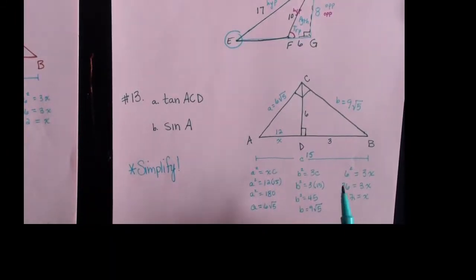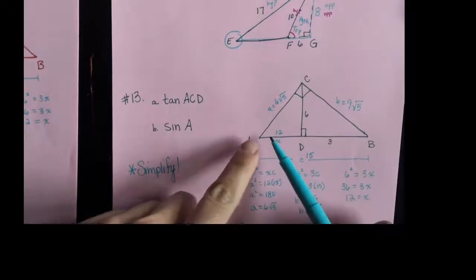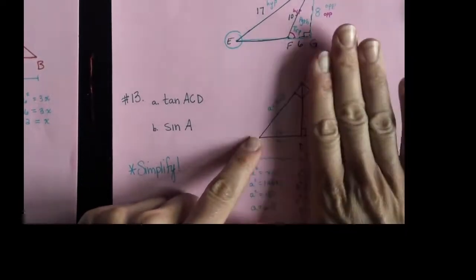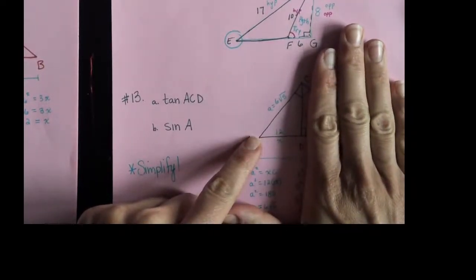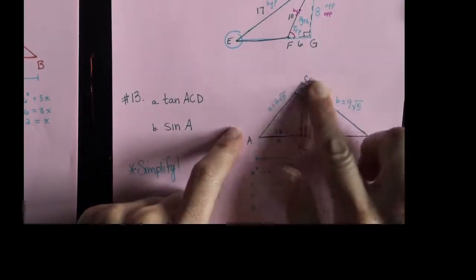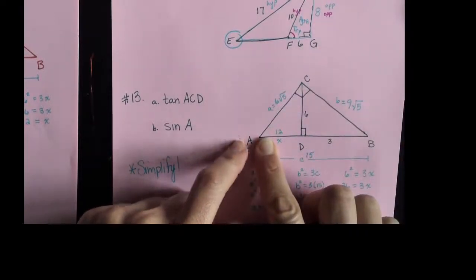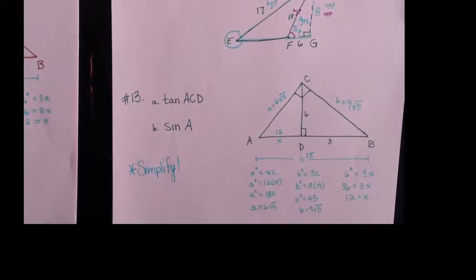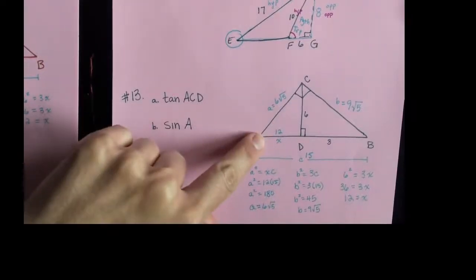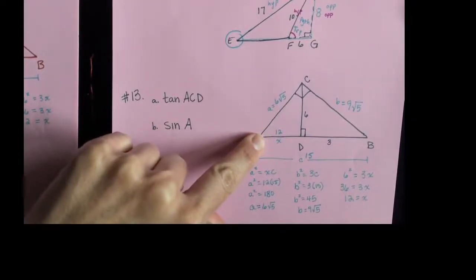And I know the question's going to come up. Well, if I'm looking for sine A, do I use this right triangle, or do I use the entire right triangle? And I'm going to tell you yes. If you have done this correctly, it doesn't matter, because this angle won't change. It's reflexive.